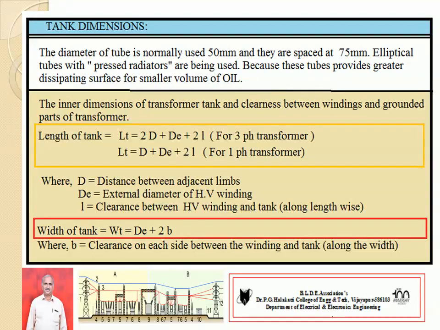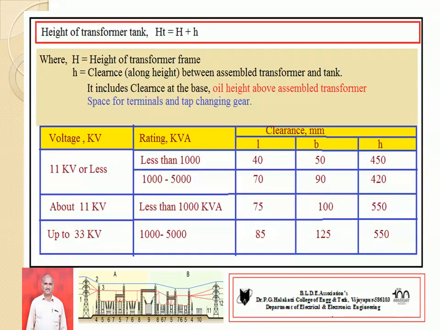Then the width of the tank equals the external diameter of the HV winding plus 2B, where B is the clearance value on each side of the winding and tank along the widthwise direction. Now we can see the height of the transformer tank, HT equals H plus small h. Capital H is known as the height of the transformer frame.